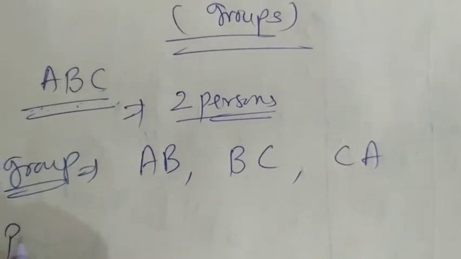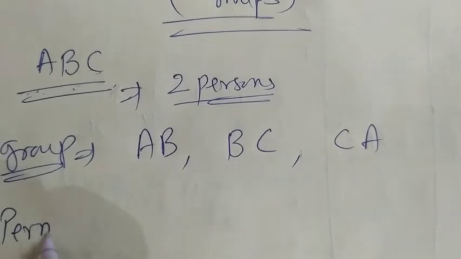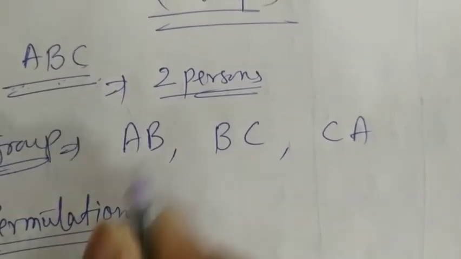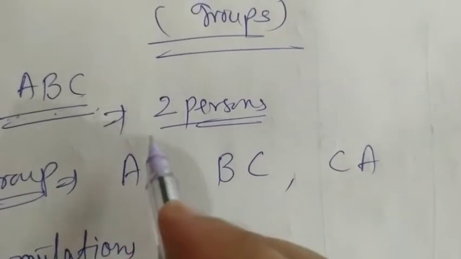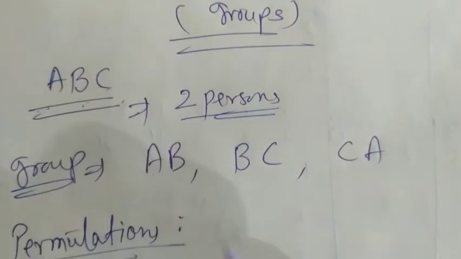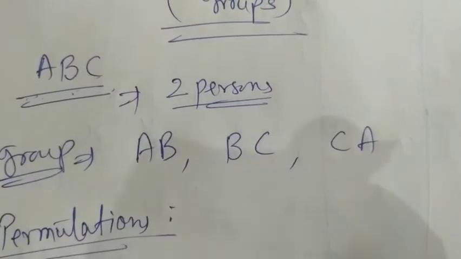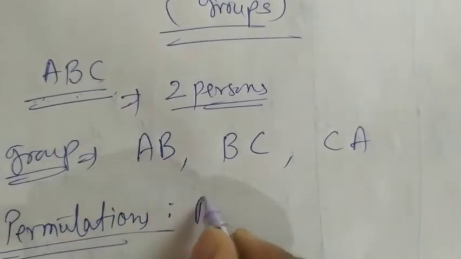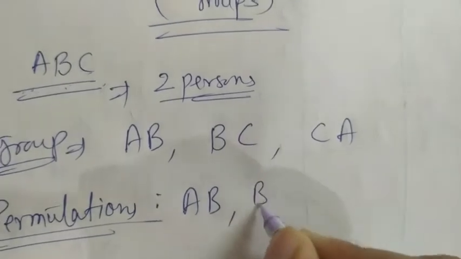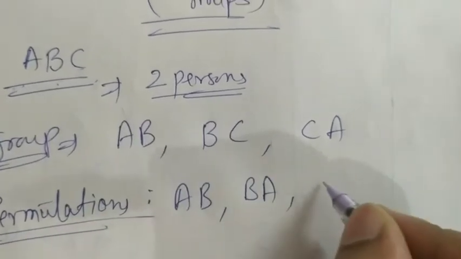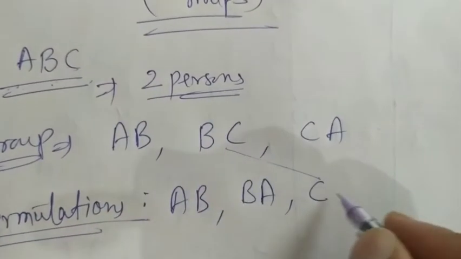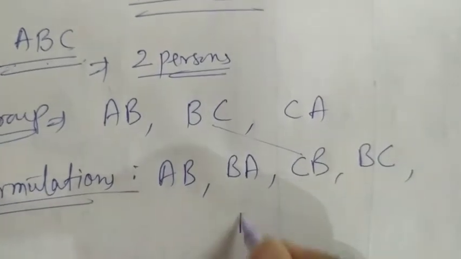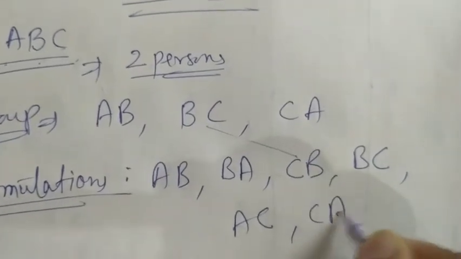But when I'm doing permutation, then if I need to make permutations taking 2 persons at a time, it means it may be AB or it may be BA, it may be CB or BC or AC and CA.